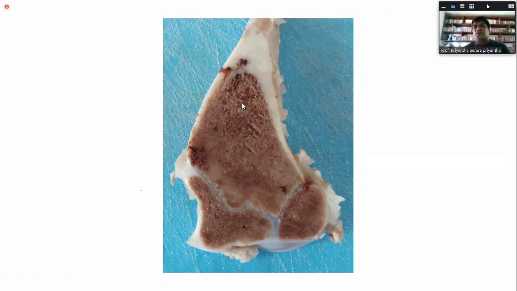So when the child is born, there is a shaft of bone formed by the primary ossific center, which is called the diaphysis. And then after birth, this growth plate produces osteoid material, and that is mineralized to form the bone.